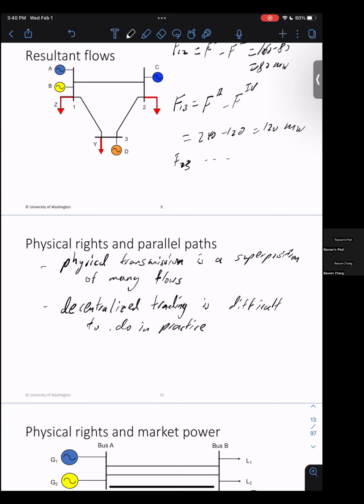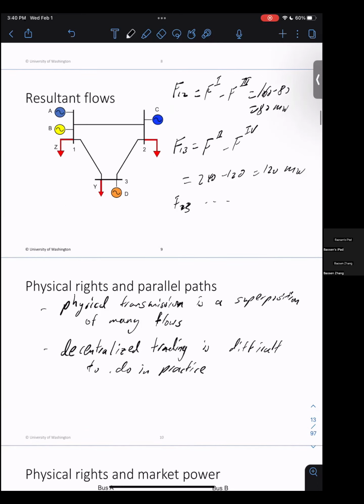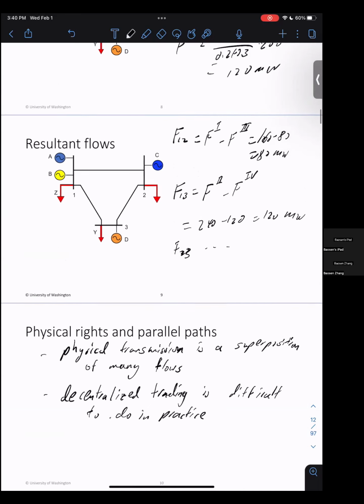Okay, so that's what transmission rights are about. Remember last class we talked about bilateral trading. You just come to an agreement with some other generator and the load, and they say we'll send power. Well, if you come to that sort of agreement, sometimes it depends on whether other people have come to this agreement or not.